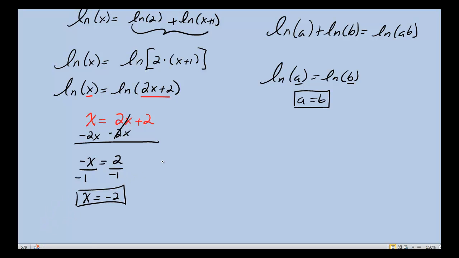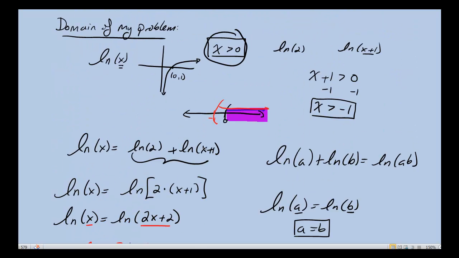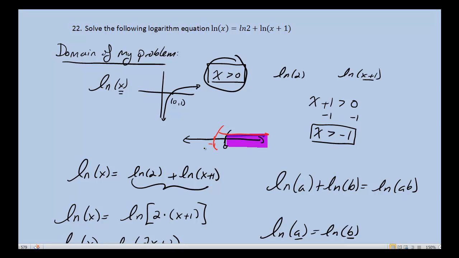However, with logarithms, we must always go through and check our solution to make sure it's valid. If we plug it back in to make sure it works, we have ln of negative 2 equal to ln of 2 plus ln of negative 2 plus 1. This doesn't exist.